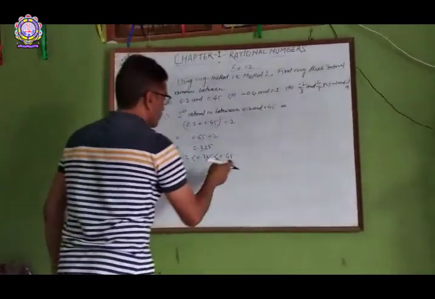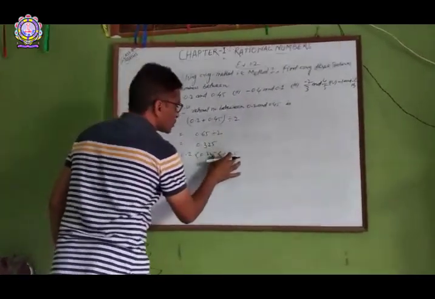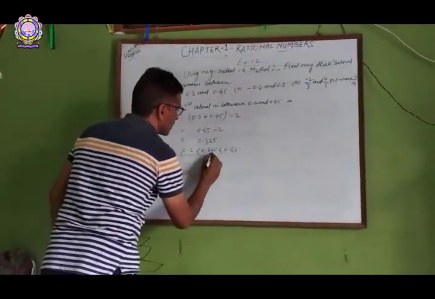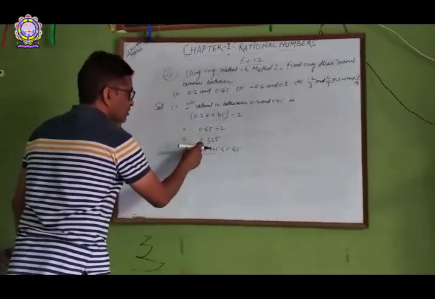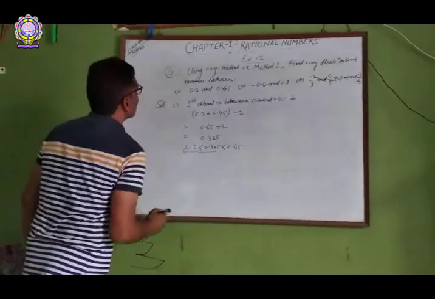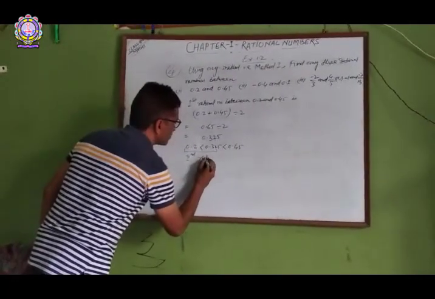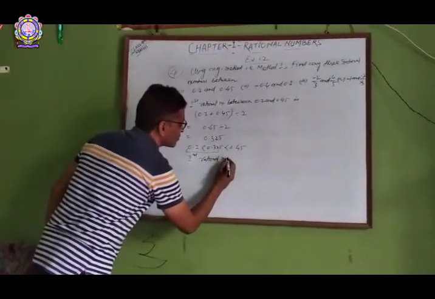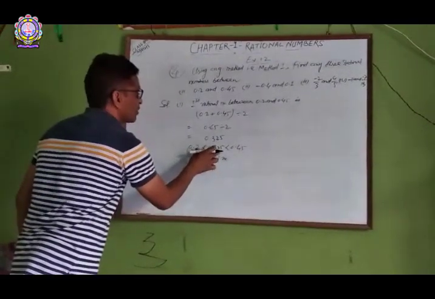For this we will take these two numbers, 0.2 and 0.325, and find the average of these two numbers. This will lie between them. Second rational number.